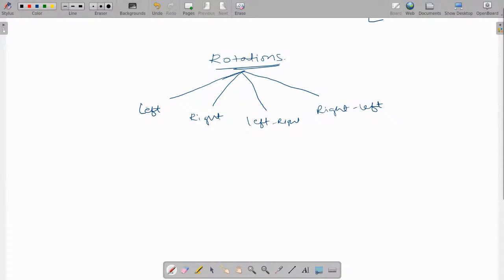Okay, so let me take one example here. By the way, this is known as LR, this is known as RL. Some textbooks also say this as RR rotation and this as LL rotation. In simpler terms, this is just a left rotation and a right rotation.